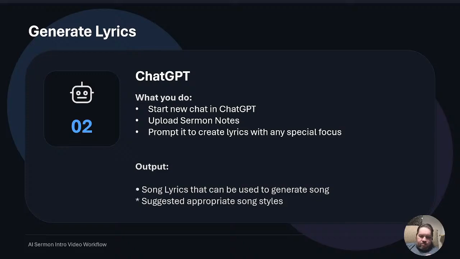Then you're going to get the song lyrics that can be used to generate the song, and it can suggest potential lyric styles. Sometimes I will ask ChatGPT for a specific style of music it would suggest to give to Suno.